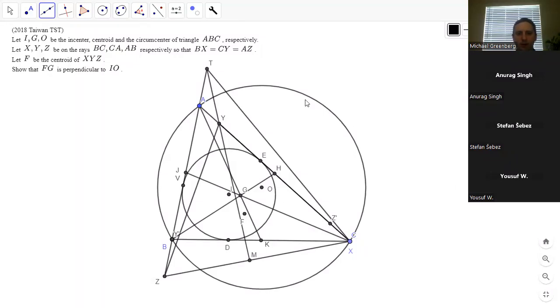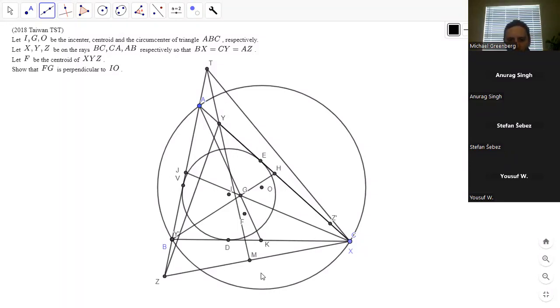Like a homothety about G takes ABC to KHJ. Maybe we could see where it takes T and Y to. It's going to take T to some point on KM or KH, and it's going to take Y to some point.